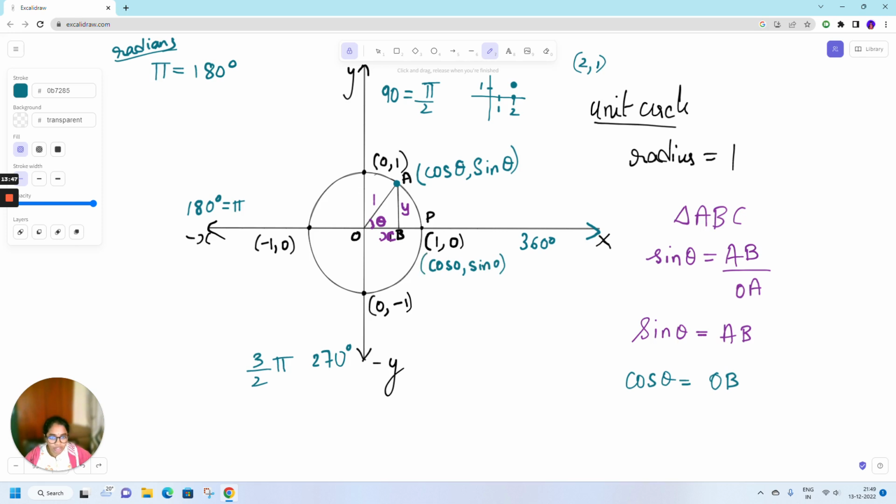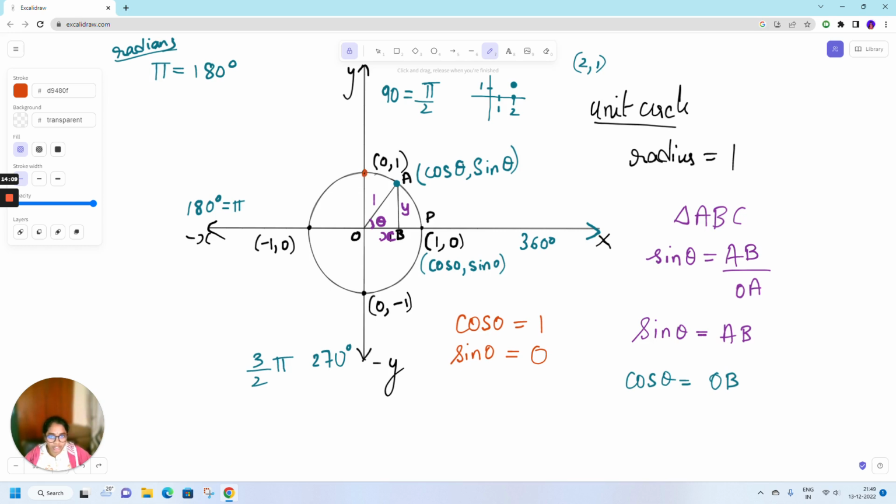Clearly, the value of cos 0 is 1, and the value of sin 0 is 0.